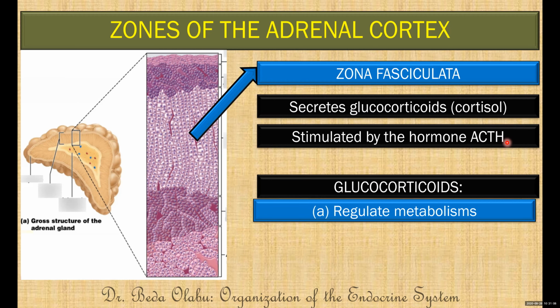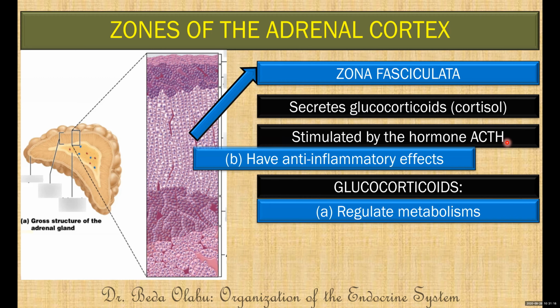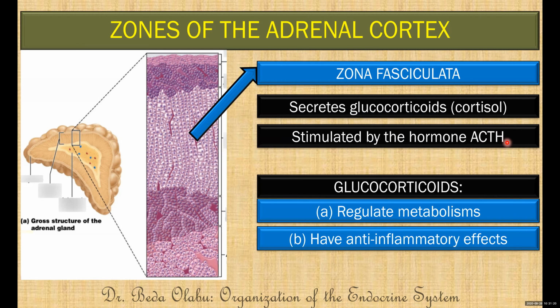Glucocorticoids regulate metabolism, either of carbohydrates, lipids, as well as proteins. They also act as anti-inflammatory agents. They reduce inflammation. That's why you give a patient hydrocortisol, for example, in cases of inflammatory conditions.